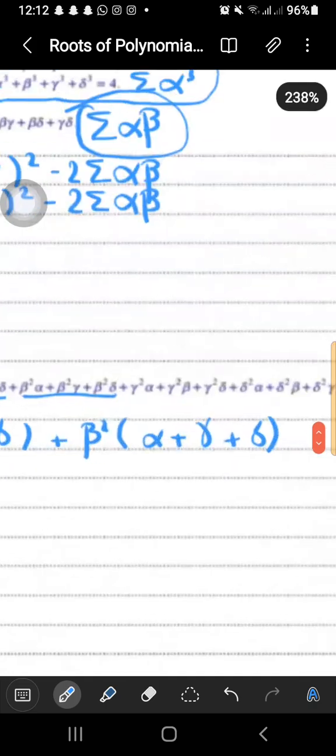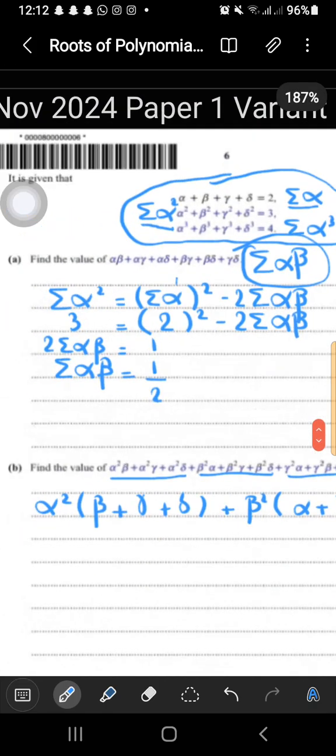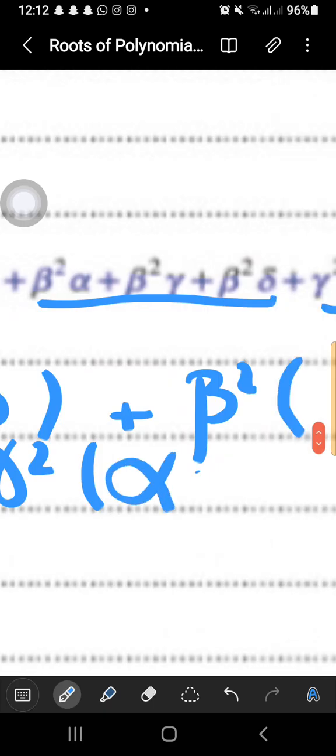Here we can take gamma square common, alpha plus beta plus delta.